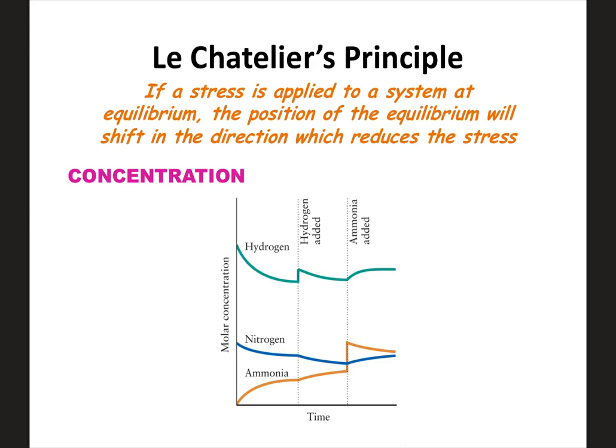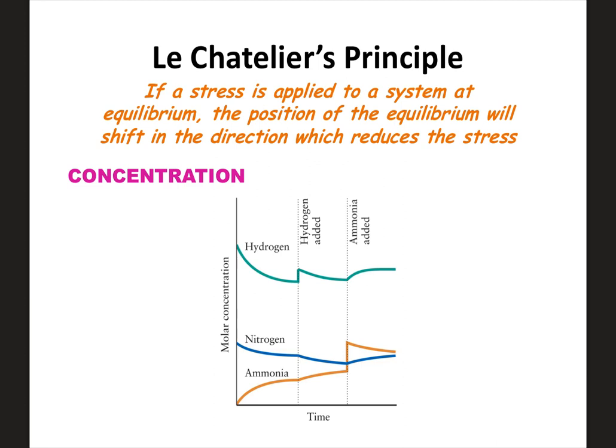All right, hydrogen was a reactant. So if you have more of a reactant, we know the equilibrium is going to shift to use up that reactant and form more product. So we see the reactants, the hydrogen and the nitrogen going down, and the ammonia, the product, going up here, which is what we expect. All right, so then eventually we get the concentrations becoming steady again, and you have your new equilibrium established here.